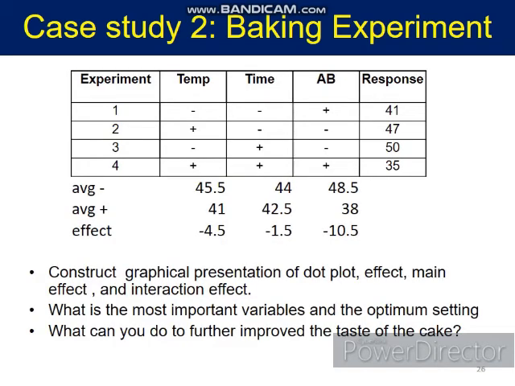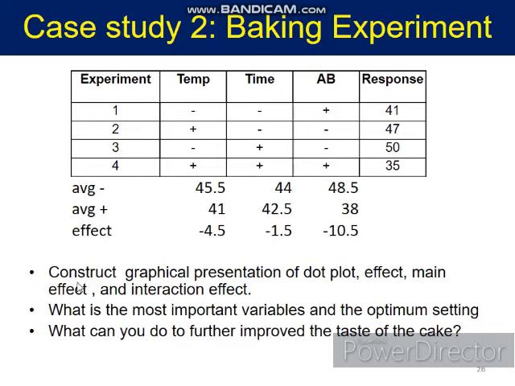So these are the results from that particular experiment. You get all this data, and then you get the average pluses, average minuses, and the effect for individual temperature, time, and also the interaction.